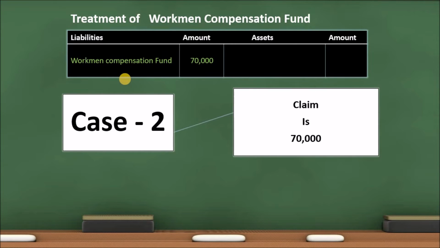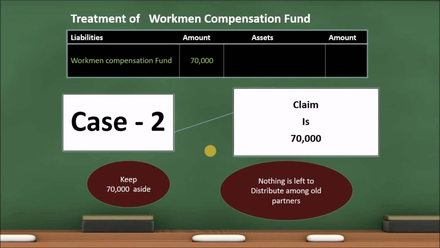Now let us see case number 2. Here the claim is 70,000. So you can see that the fund is also 70,000 and the claim is also 70,000. So in this case we will keep aside 70,000 to be paid to our workers who have made a claim, and it is shown on the liability side of the balance sheet. There is nothing left to distribute among old partners because the claim is 70,000 and the fund available was also 70,000, so our whole fund is exhausted.